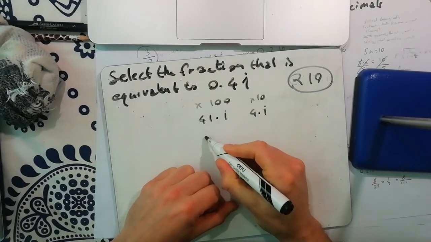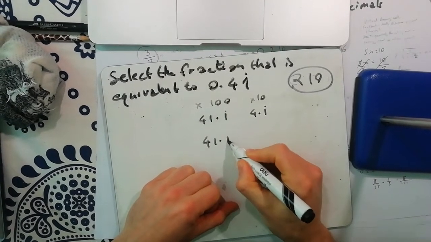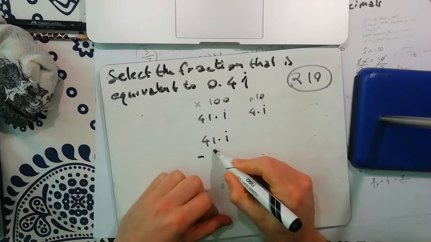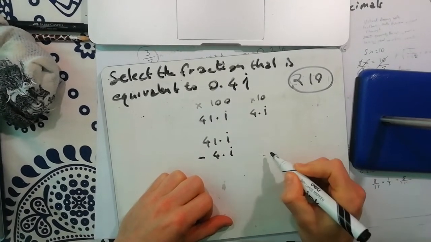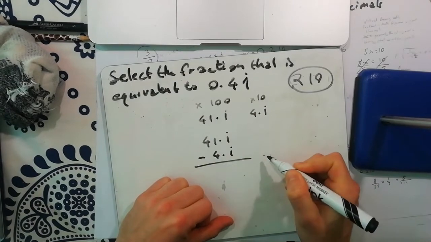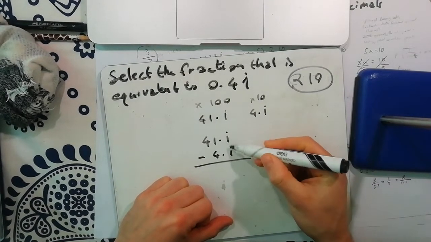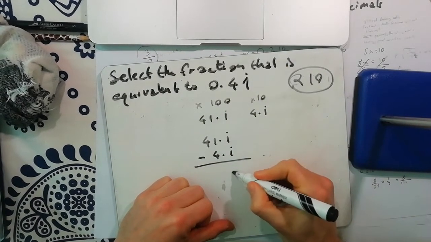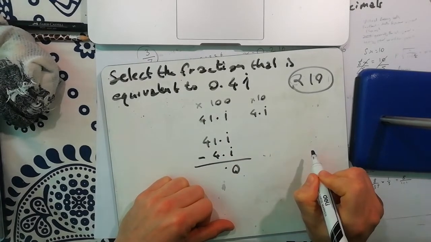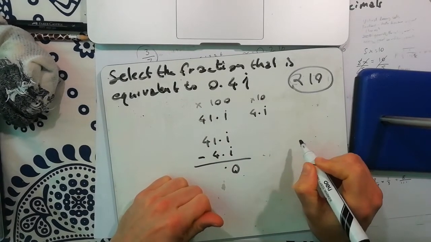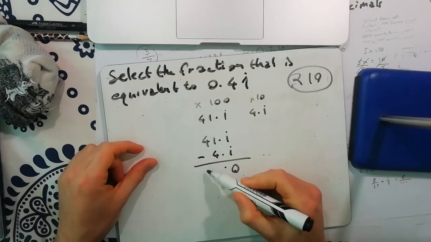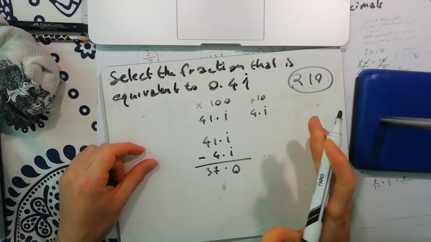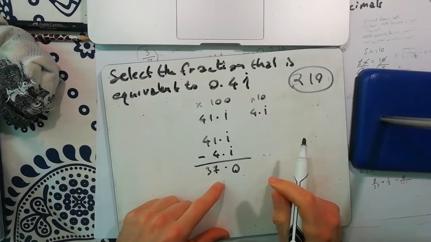So what we do is 41.1 recurring minus 4.1 recurring. Now, very easy. 1 recurring minus 1 recurring is 0. So that's gone. Our recurring decimal places are gone. 41 minus 4 is 37.